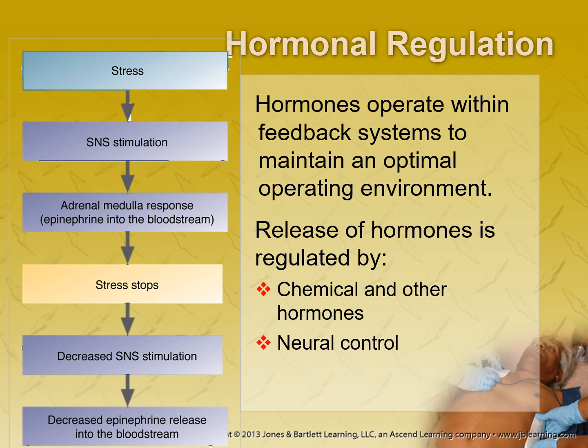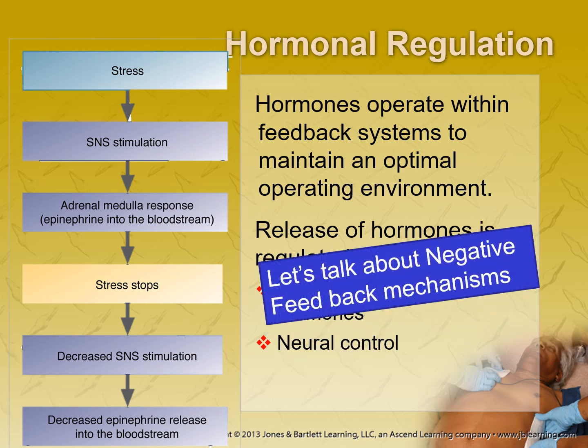Then the stress will stop and we'll decrease the amount of adrenaline, decrease the nervous stimulation, and we'll go back to normal. We've talked about negative feedback mechanisms quite a bit in the past, and we need to know these. A great place to write in your notes is that you need to know all of the different negative feedback mechanisms.